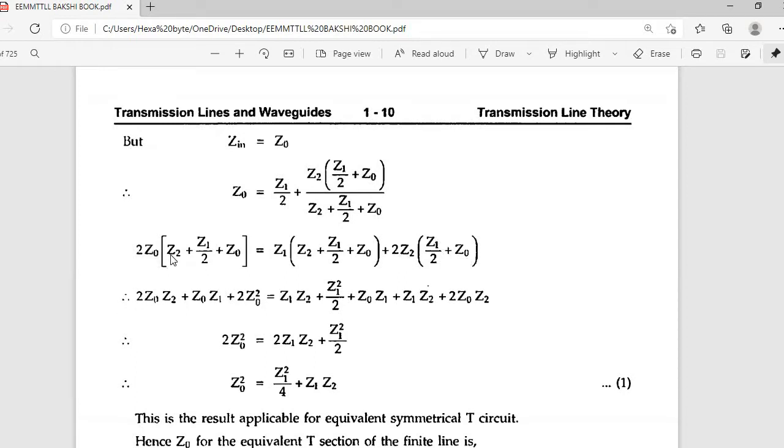The 2 cancels, and multiplying the terms out, 2 Z0 square is equal to Z1 into Z2 plus Z1 square by 2 plus Z1 into Z0 plus Z1 Z2 plus 2 Z0 Z2, with the Z0 terms cancelling. So 2 times Z0 square is equal to 2 Z1 Z2 plus Z1 square by 2.